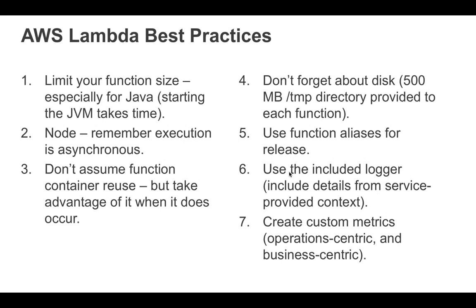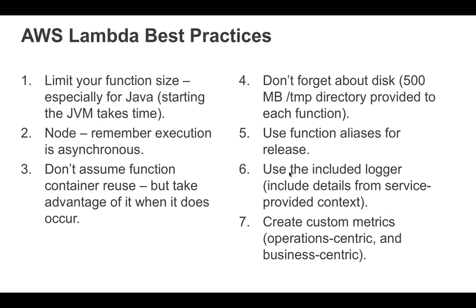Don't forget about the disk. You've got a 500 megabyte temp space provided for each function. Use function aliases. We provide a number of different ways for you to name your functions, and aliases is a reasonably new feature that allows you to have, say, for your latest version of your function, an alias of, say, production, and other newer versions you're working on, an alias of dev, and then in your code or through APIs, use the alias to call your function.